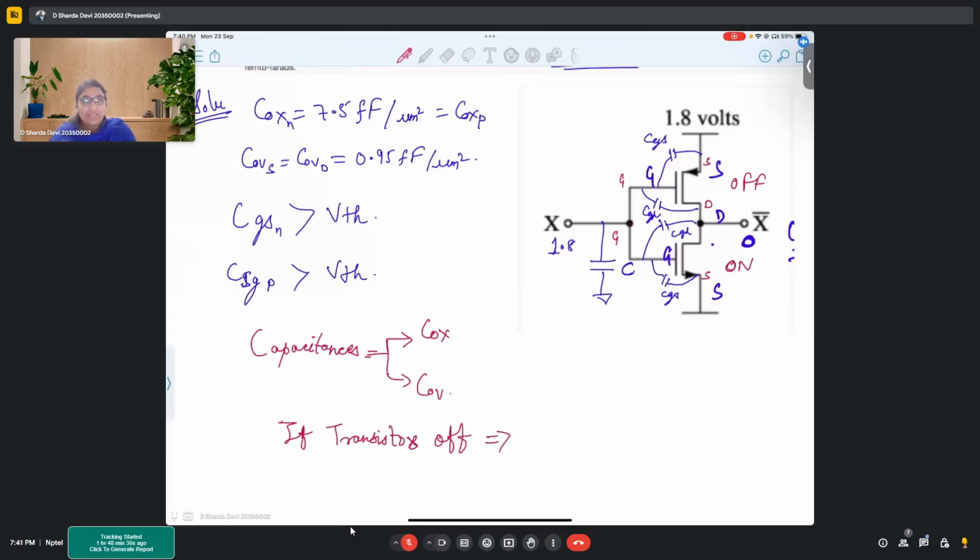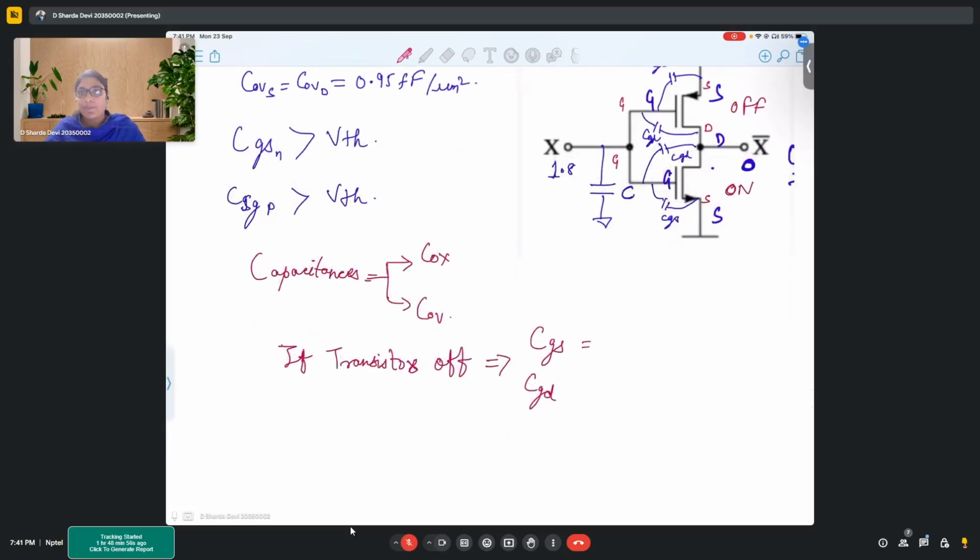If the transistor is off, the only capacitance we will have is CGS and CGD. In case of CGS, the capacitance that we will obtain is the overlap capacitance because it is off. So in case of transistor off, there won't be any channel formed. So Cox won't be there, because of which your CGS will be Cov.